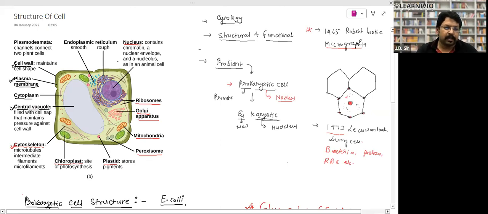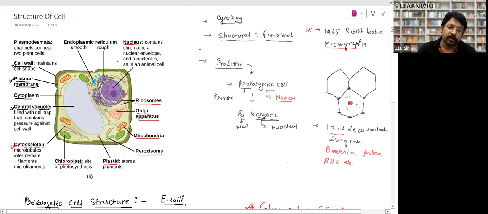Then there is a large vacuole that is called the central vacuole, right? Then around there are some small structures. These are called the cytoskeleton, right? Then there is a structure called the chloroplast. Chloroplast is the one for photosynthesis, we all know. There is a nucleus.